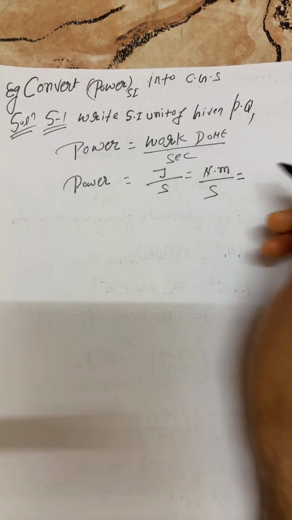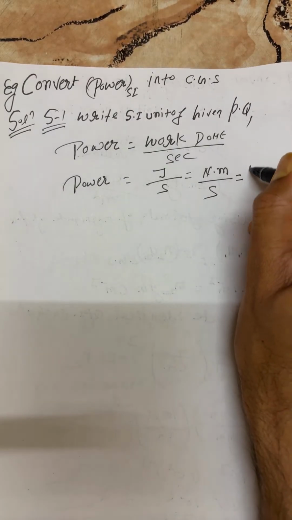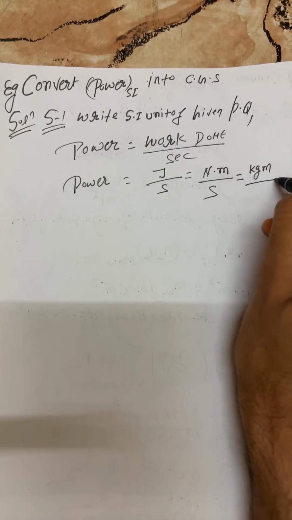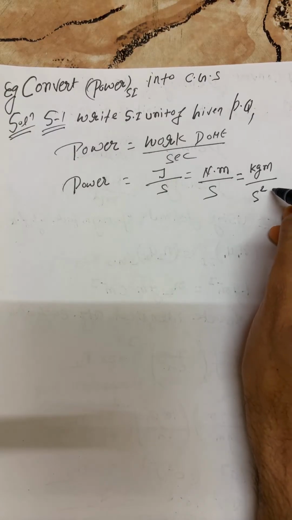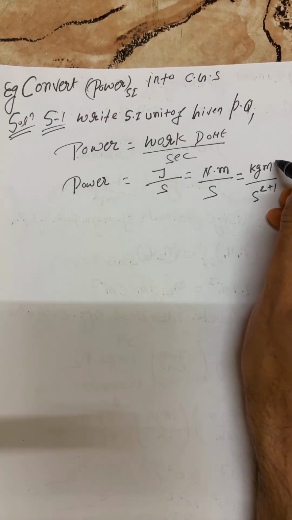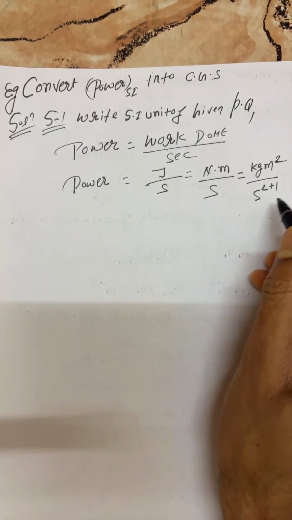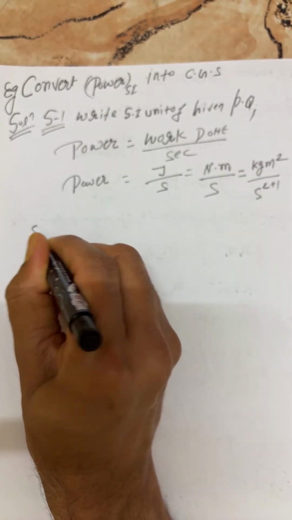Further, Newton, as I said yesterday, you can convert further: Newton is kilogram meter per second square. So finally you can write the unit of power, which I'll use in step 2.